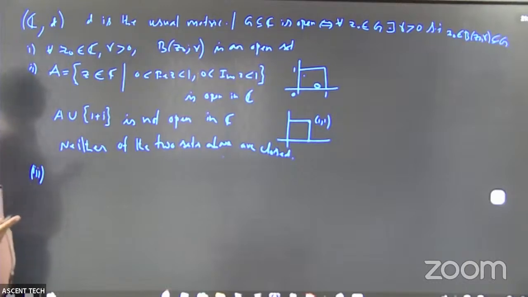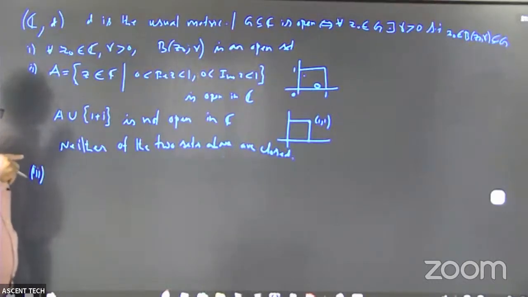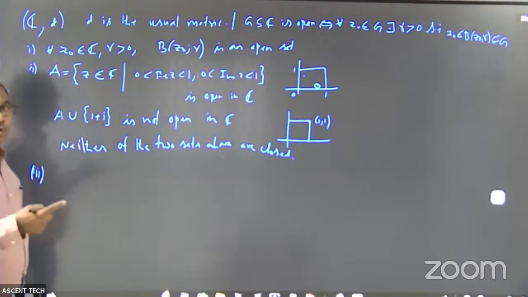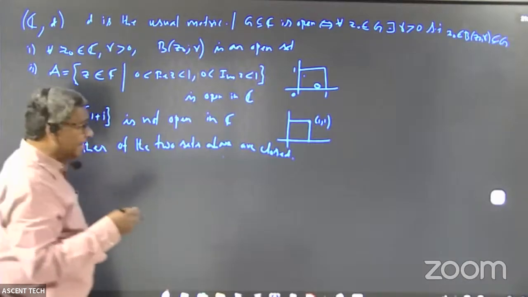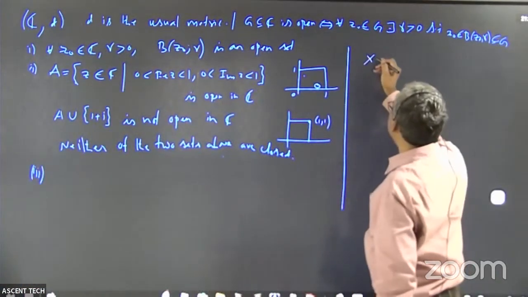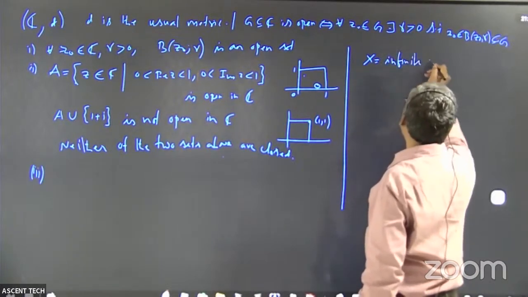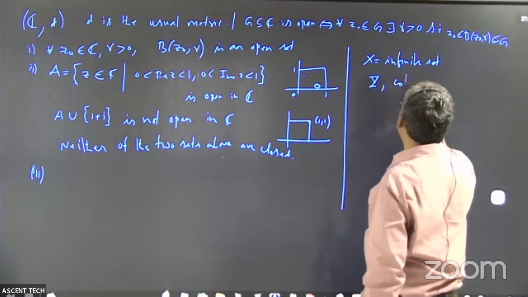I have to give you an example, right? Open set union a singleton: because the singleton is a closed set, can you say that an open set union a closed set need not be open? I cannot say that. That depends on abstract topologies. If you look at the cofinite topology, suppose X is an infinite set endowed with the cofinite topology.